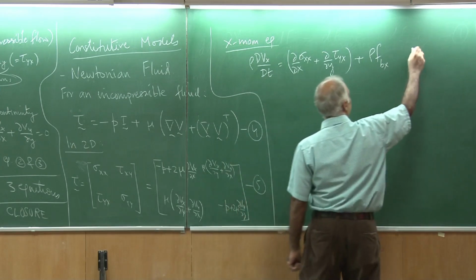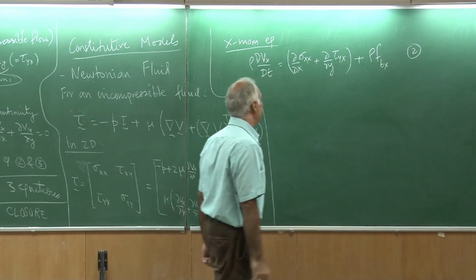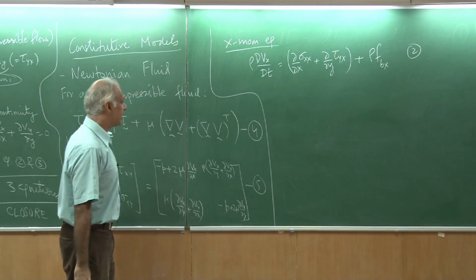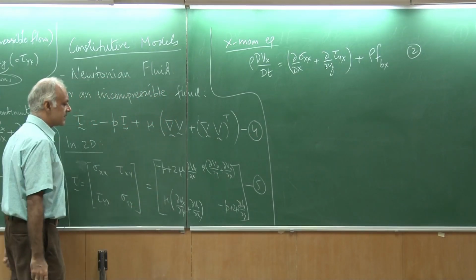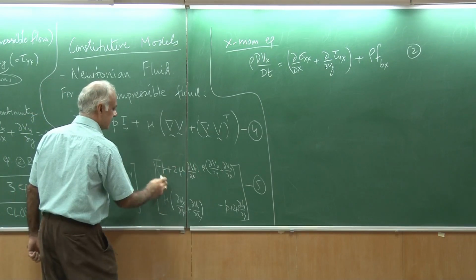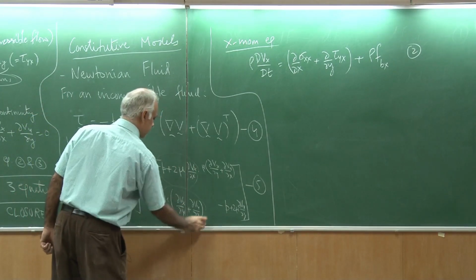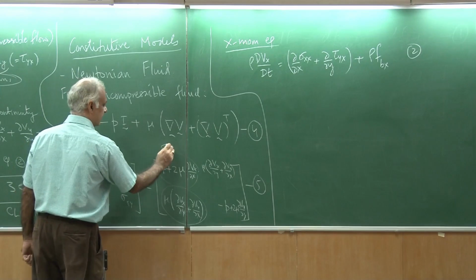So, this is my equation 2. I am now going to plug in for sigma xx and tau yx.